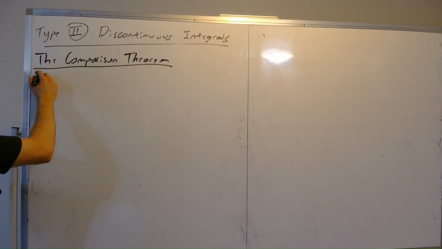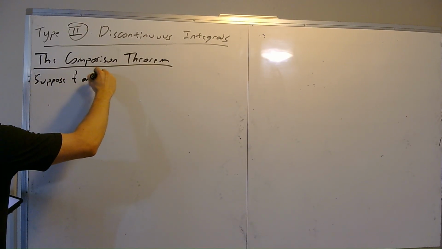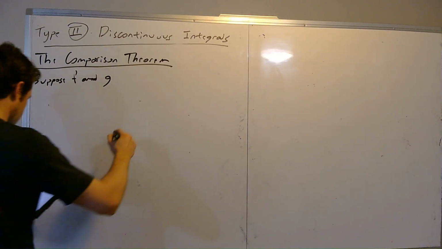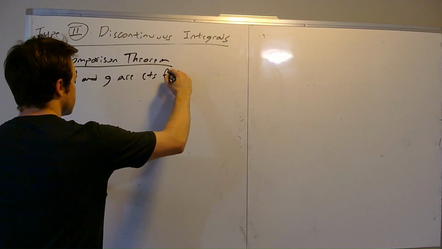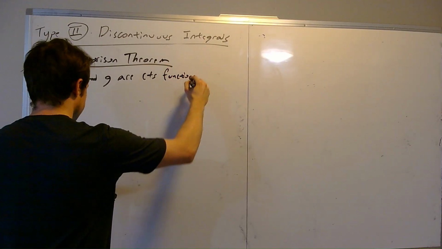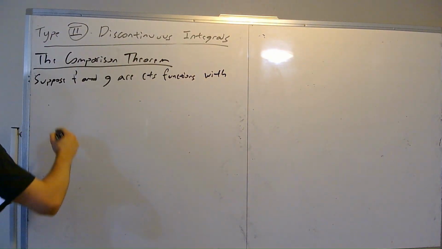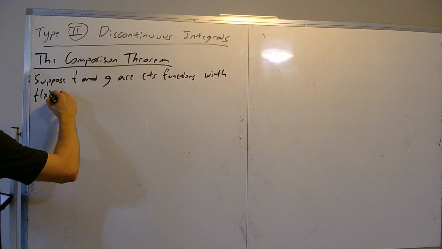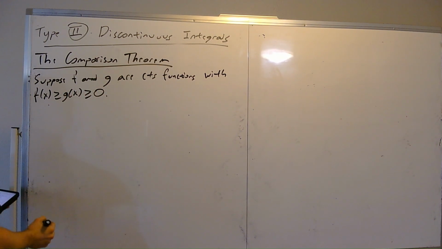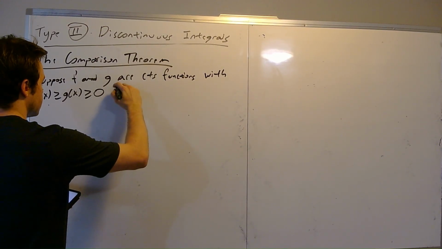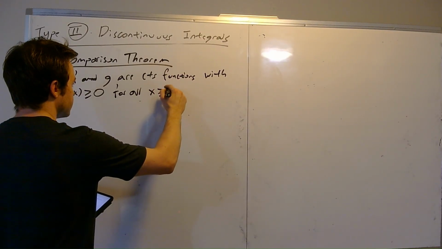So let's say, suppose f and g are continuous functions with f of x is greater than or equal to g of x is greater than or equal to 0 for all x greater than or equal to a.